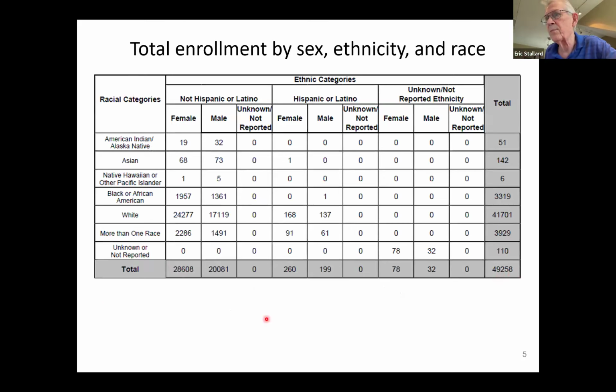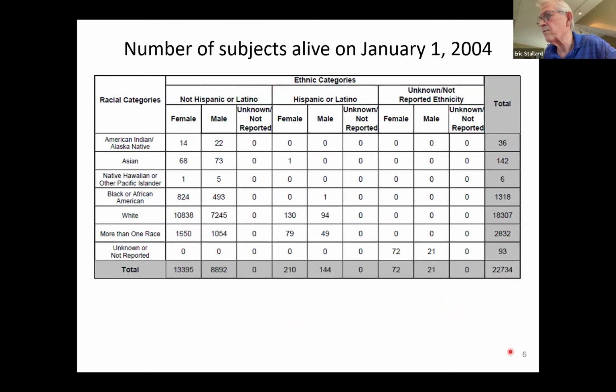These slides will be distributed after the webinar today. So this is helpful if you're writing an IRB protocol, or if you're writing a grant proposal, just to have this information showing the race and ethnic breakout. You can see about 83 or so percent of the respondents are self-classified as white. Going on from here, at the beginning of 2004, there were 22,734 still alive.